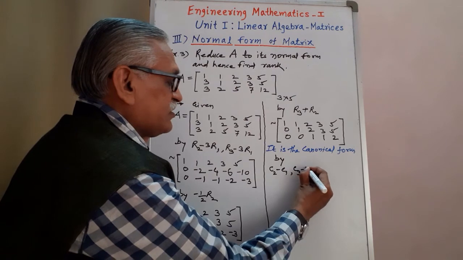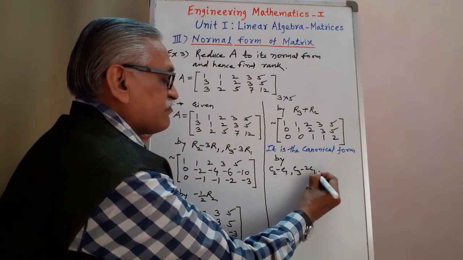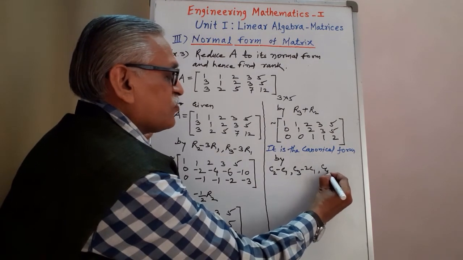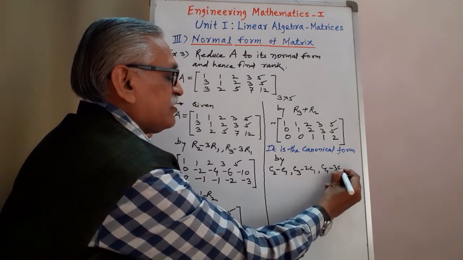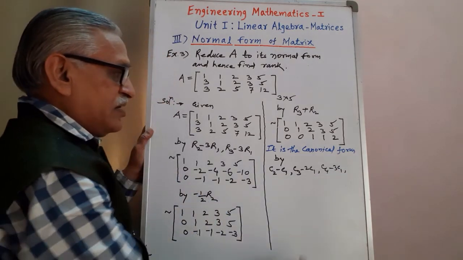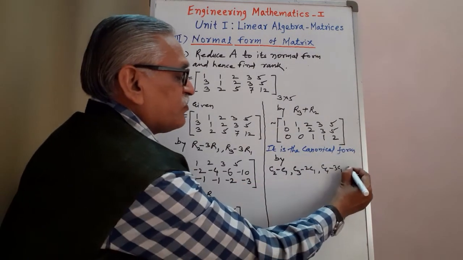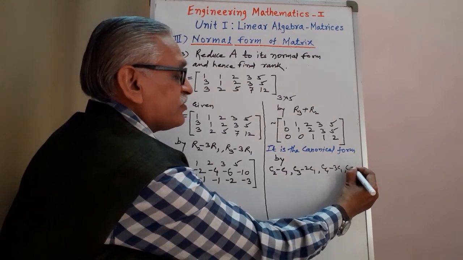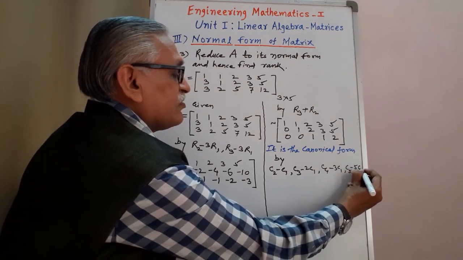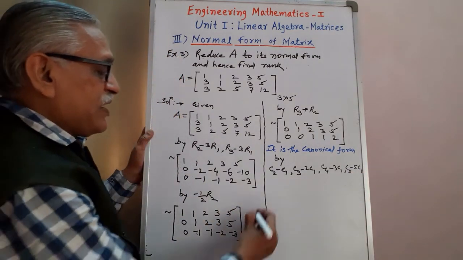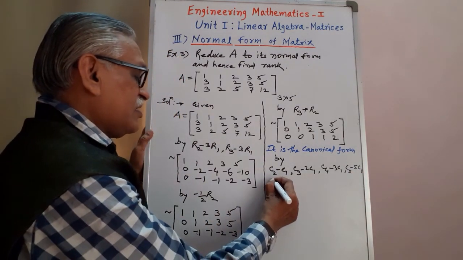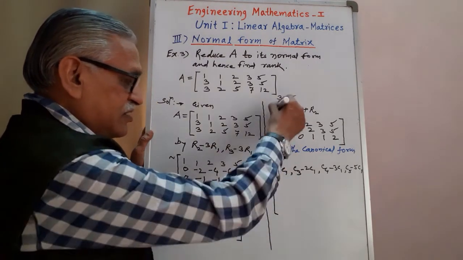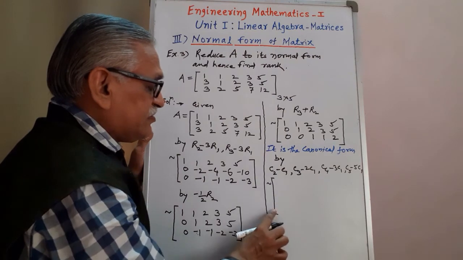Therefore, it is C3 minus 2 times C1. 3 minus 3 we get 0: it is C4 minus 3 times C1. And 5 minus 5, 0, we get C5 minus 5 times C1. Applying all this, I will write down column wise. First column as it is.